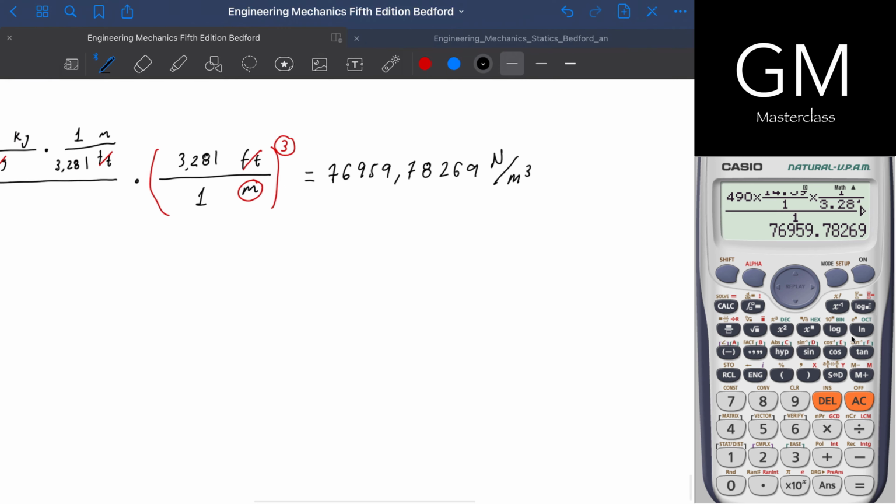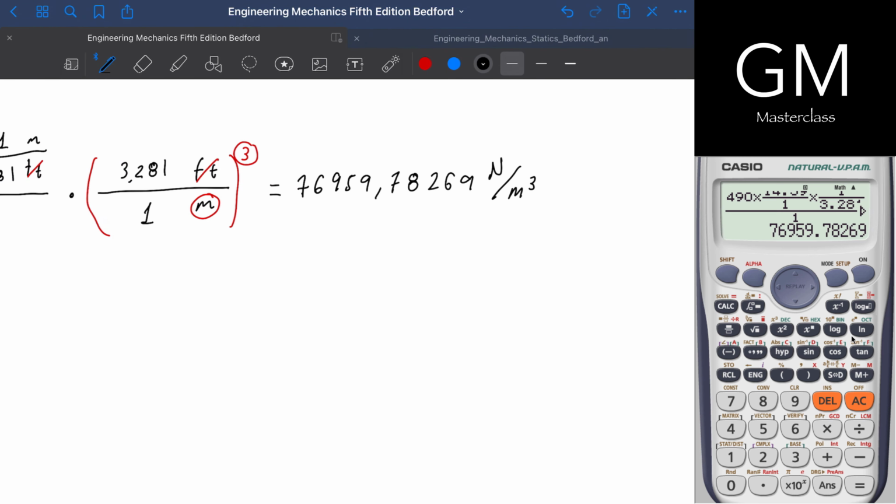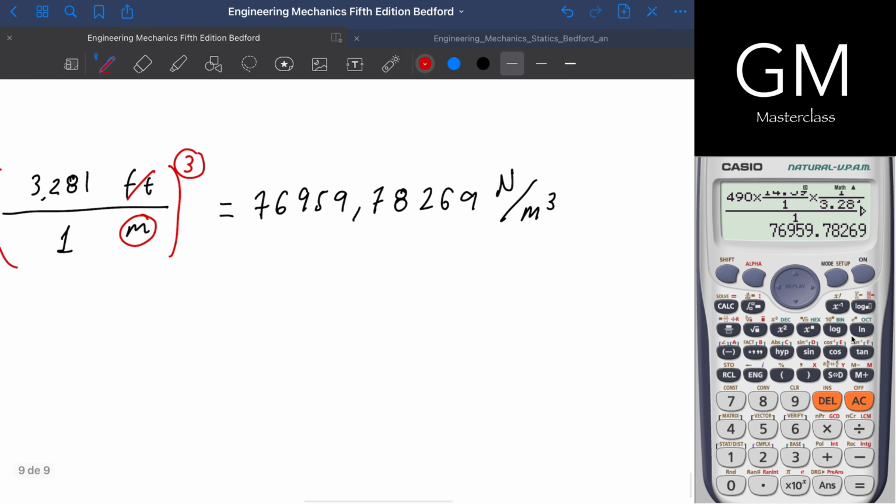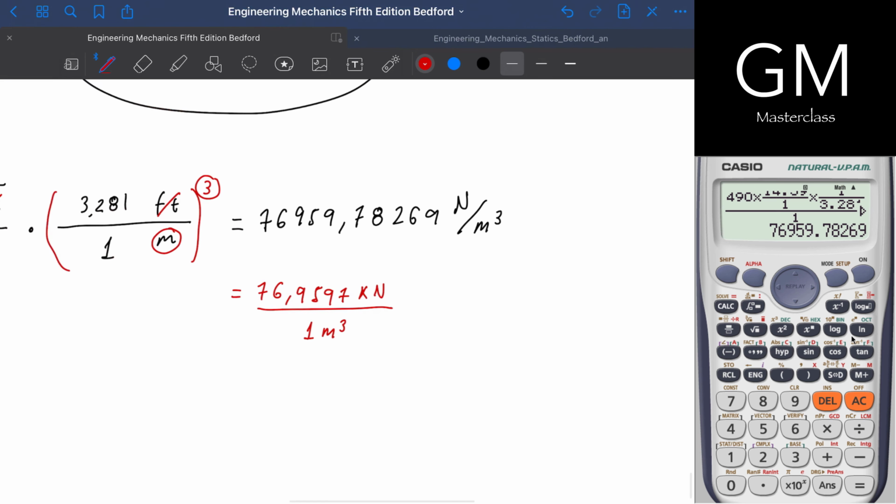So I could use a prefix and change the value of the answer. So this is equal to 76.9597 kilonewtons per 1 meter to the 3rd power.